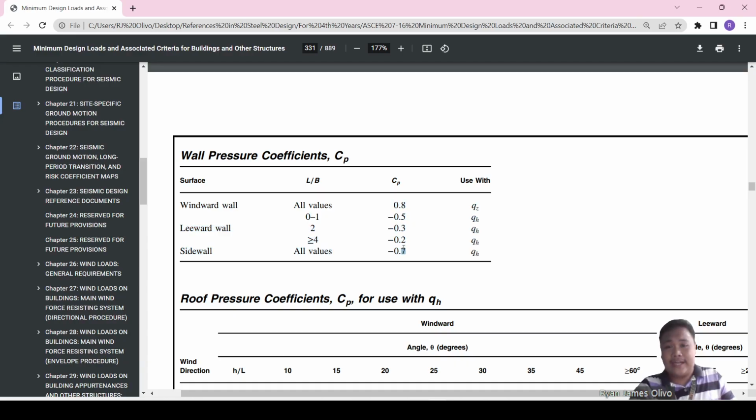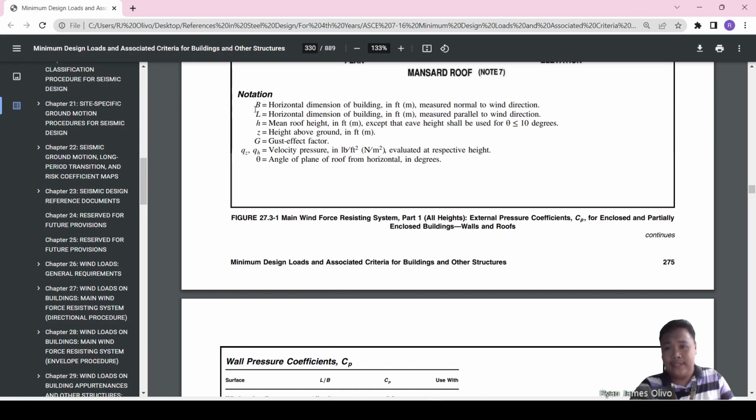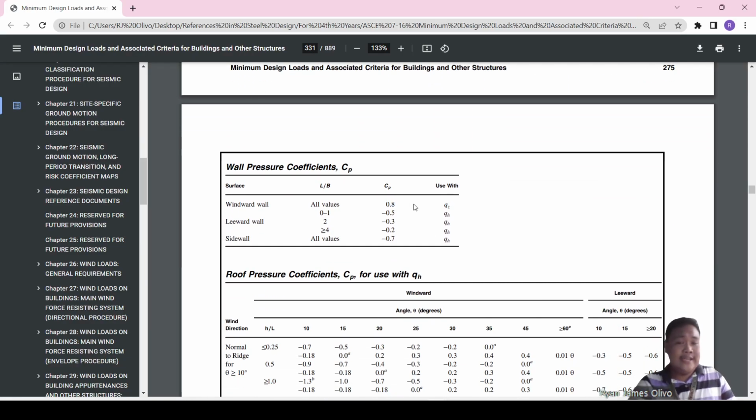This is the Cp that we are going to use. As you can see, for the windward wall, for all values of L over B, it is 0.8. If we use it with qz, the velocity pressure at height z, which is a varying pressure, not a uniformly distributed pressure, we use 0.8. The 0.8 means that it is a positive pressure.